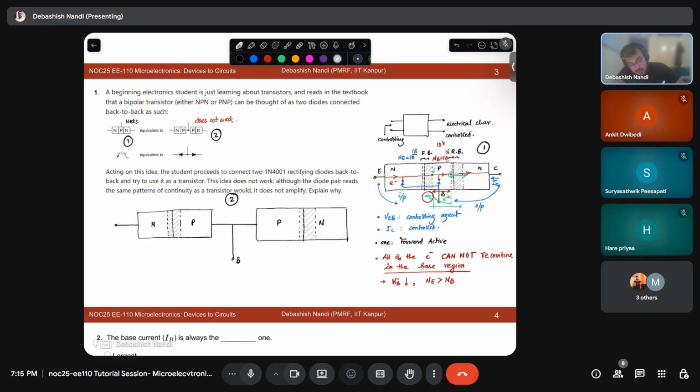Three. This is one junction. This is one junction. And do you see any other junction? No, sir. Okay. This is a junction. This is a junction. These are called metal semiconductor junctions.